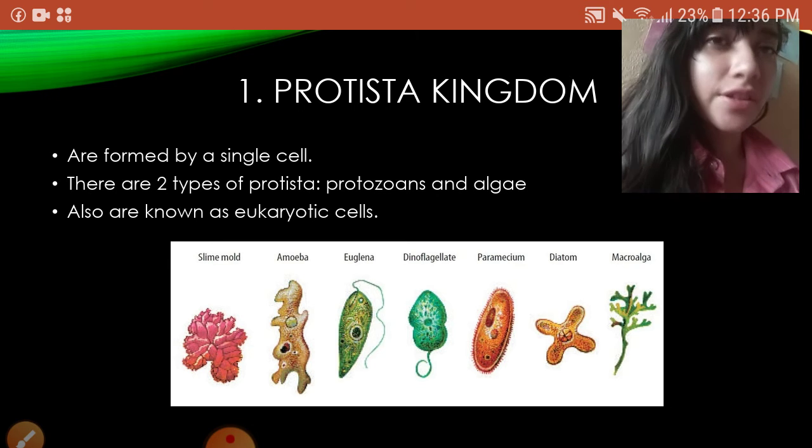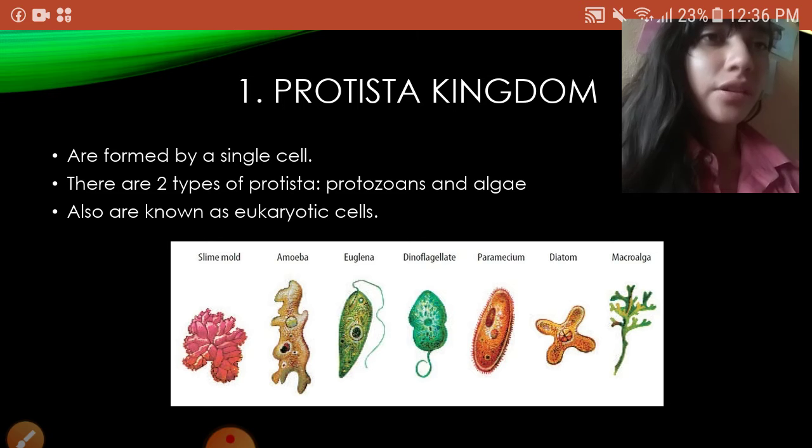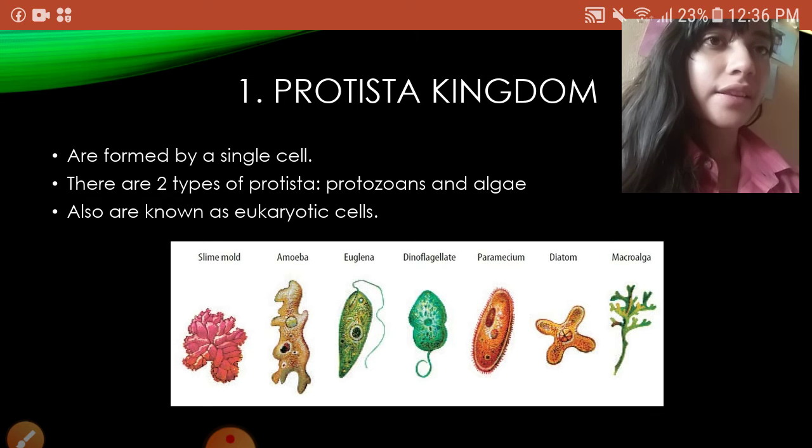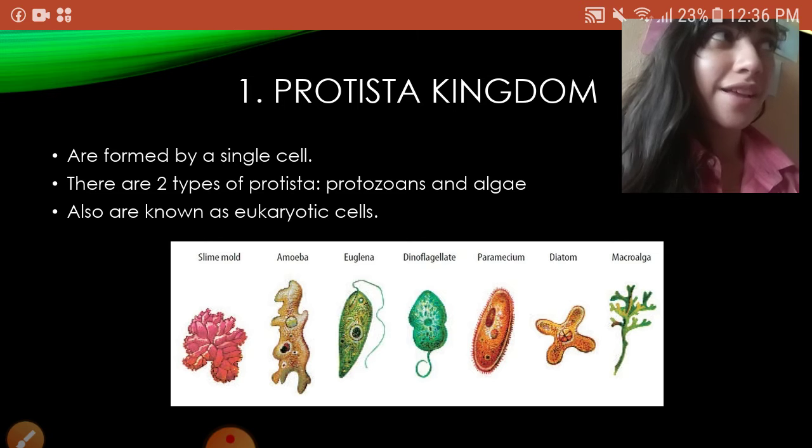Another characteristic is that there are two types of Protista, the protozoans and the algae. And another characteristic is that they are also known as eukaryotic cells.